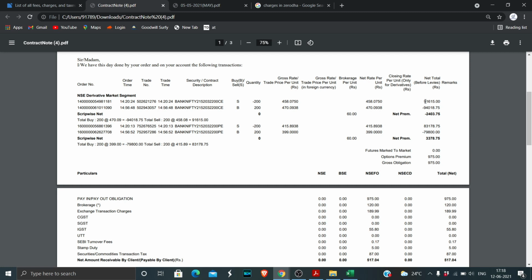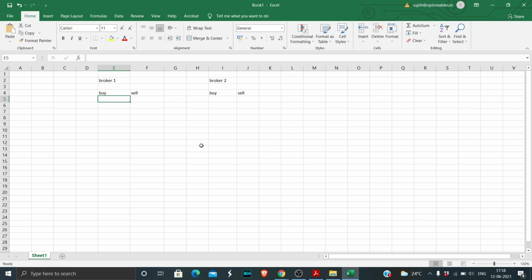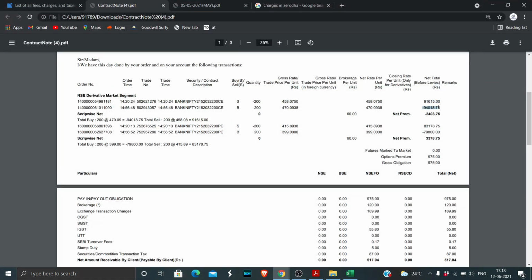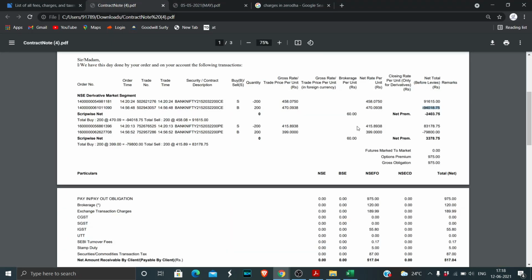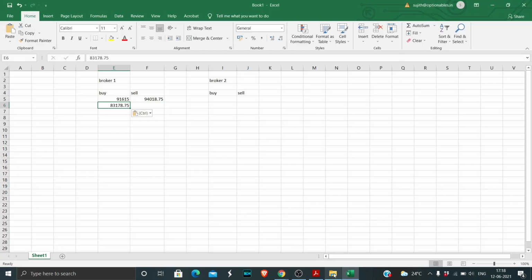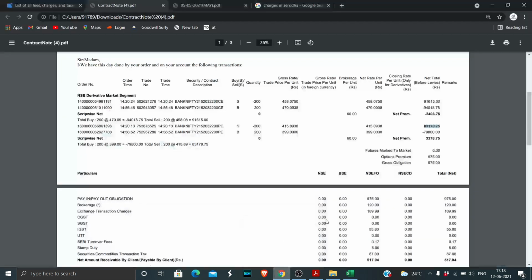The total premium: you should take the buy value. This is 91,615, for broker 1, and sell will be 94,008. On the second trade, it was 83,178 and 79,800.